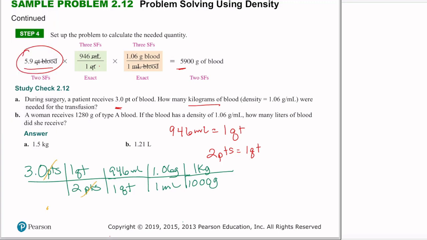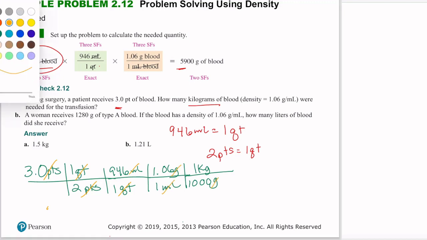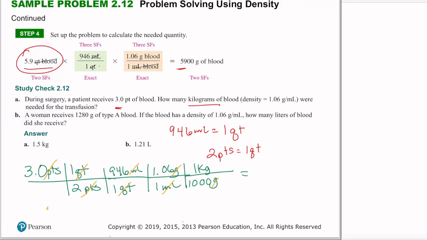Notice that pints cancels, quarts cancels, milliliters cancels, and we're left with grams. We'll need two significant figures here because we have two significant figures in our first value, and this one is unlimited. This one has 3, this one has 3, and this one is unlimited. So our final answer will be 1.5 kilograms.